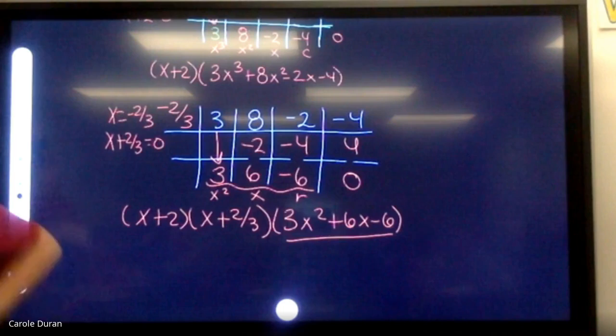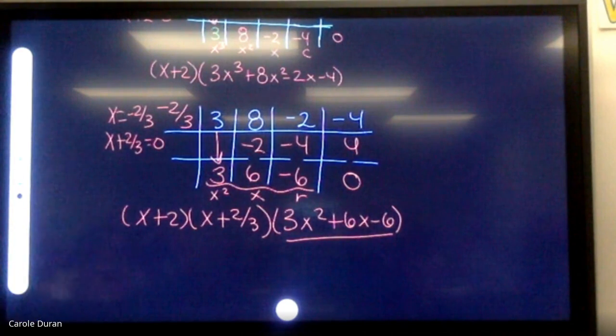I love this. These are seriously my favorite problems. That's weird. Don't judge. Are we done with the quadratic formula yet? Almost?